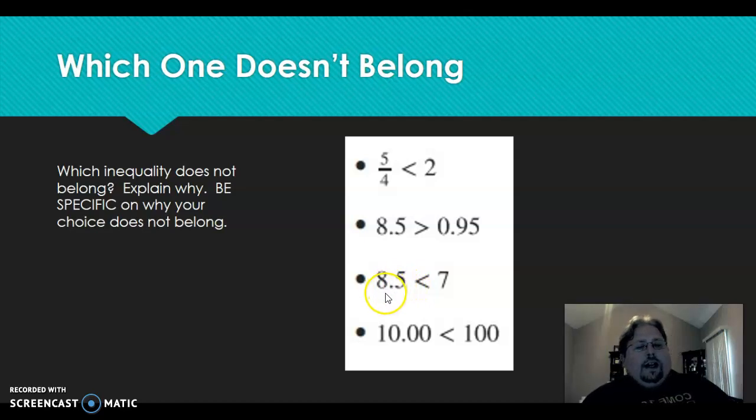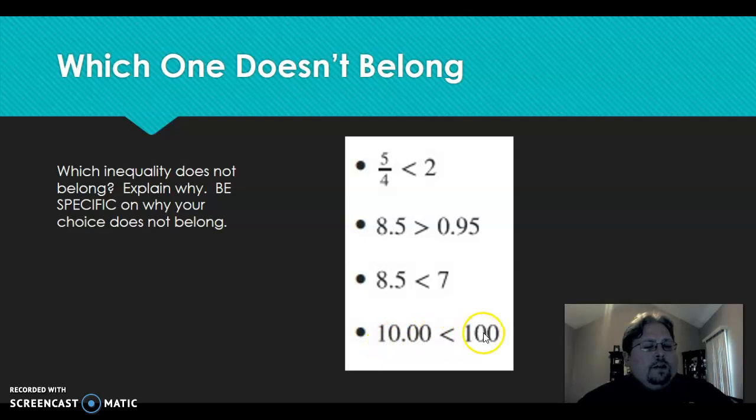You could also say that 8.5 is less than 7 doesn't belong because it's the only one that's not true, and it has a decimal place and a whole number with something other than 0 after the decimal.